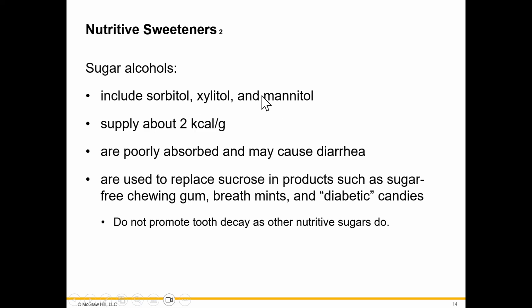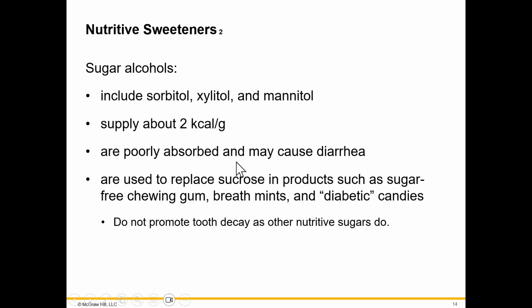I cannot tell you how many times my diabetic patients would come in and say, oh, I'm not eating regular candy anymore, I'm eating sugar-free candy. And I would ask what kind they were having, and then talk to them about sugar alcohols and say, well, they still have carbohydrate. They still will raise your blood sugar. And it would blow their mind.